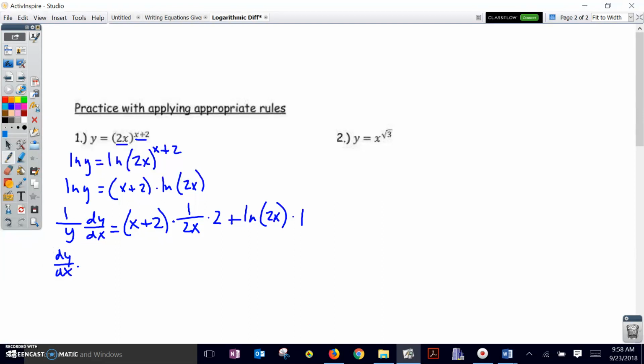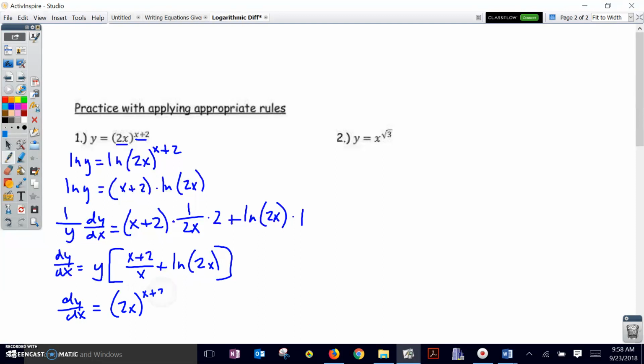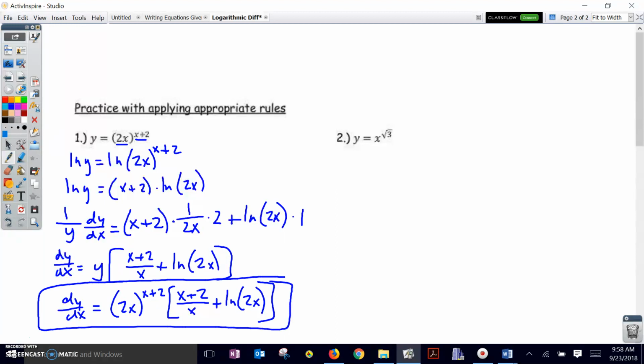We get dy dx equals y times the quantity x plus 2 over x plus the natural logarithm of 2x. And then we're going to replace y with what it's equal to. So we've got dy dx equals quantity 2x to the x plus 2 times the quantity x plus 2 over x plus the natural log of 2x. And there is our derivative. Look at example 2.